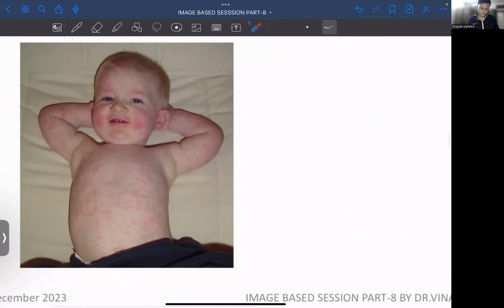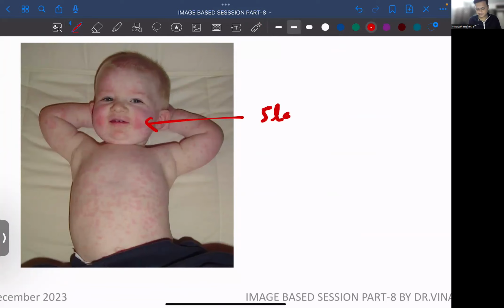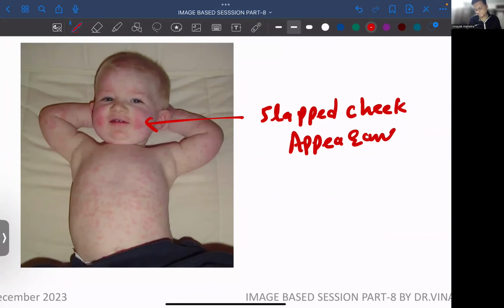When you hit your baby, his or her cheek will become red, right? गुस्से से लाल हो जाती है, right? This is called as slapped cheek appearance.